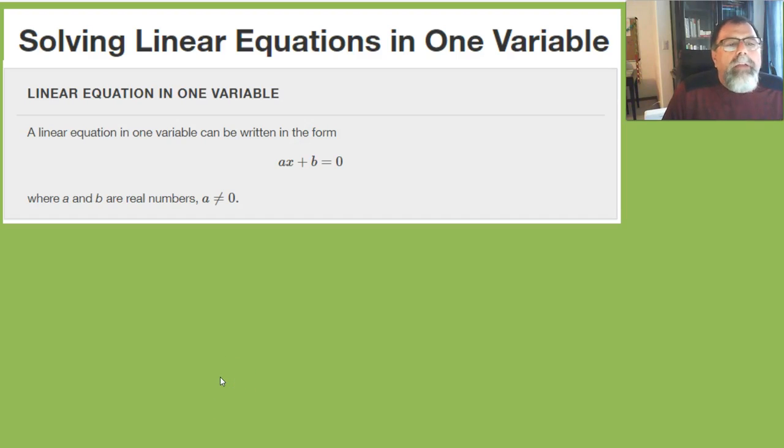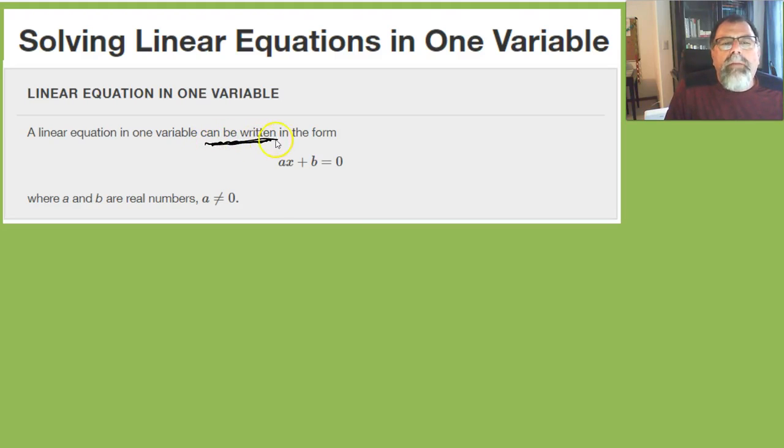A linear equation in one variable can be written in the form ax plus b equals 0, where a and b are real numbers and a is not equal to 0. The thing to note here in the definition is that it says this is something that can be written.